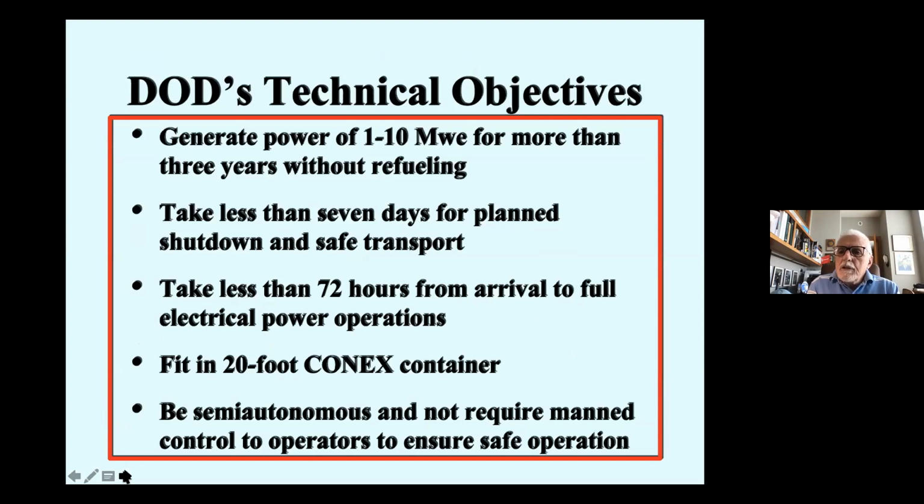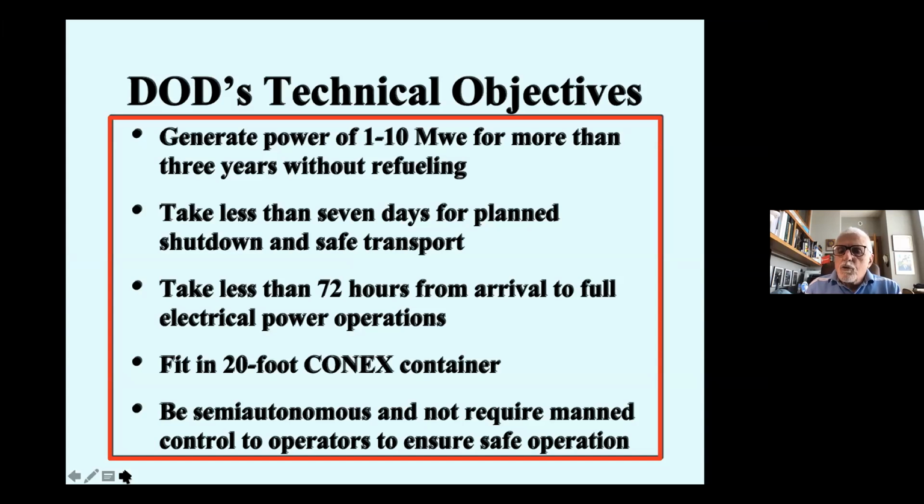Now, what DOD's objective was, in operations and certainly in battle, God forbid, is that they use 10 million gallons of fuel per day, which is humongous. And the additional thing is, particularly in combat, those transport trucks are ideal targets for the enemy.